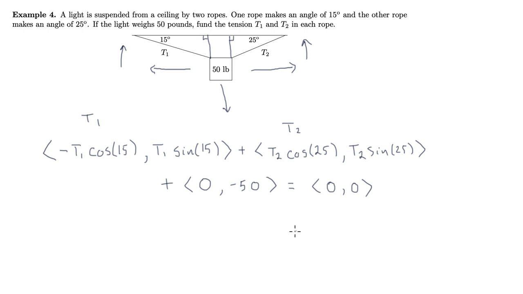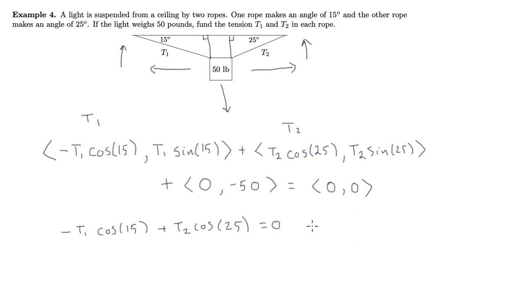So this is just adding up all the forces as vectors, and the net should be 0, 0. And so what we get is a system of two equations and two unknowns. So if we just add all of these horizontal components, they have to equal 0. So negative T1 cosine 15 plus T2 cosine of 25 plus 0 has to equal 0.